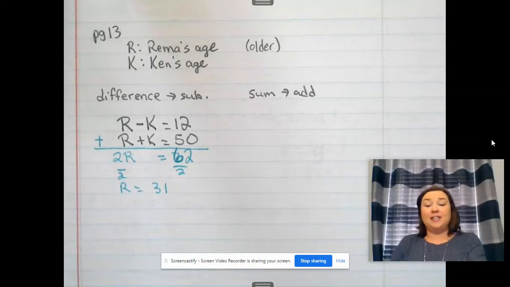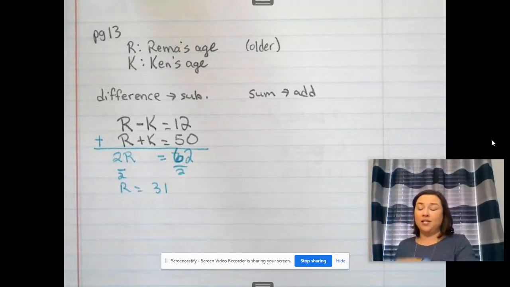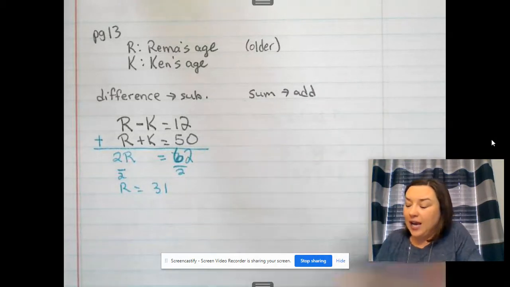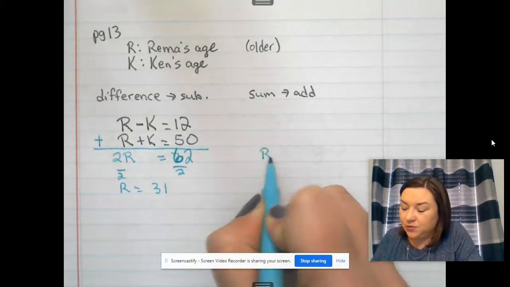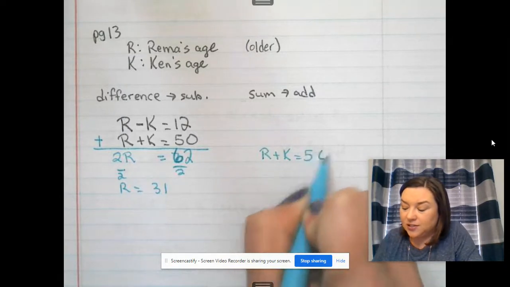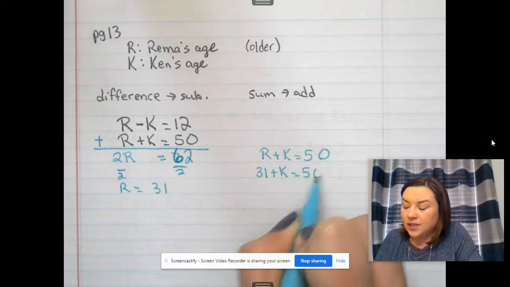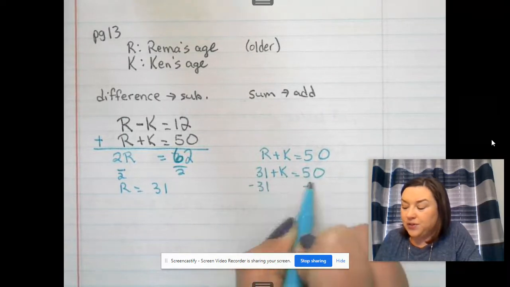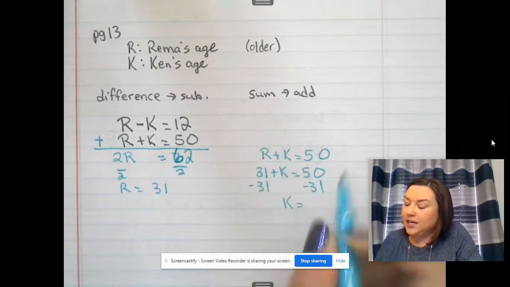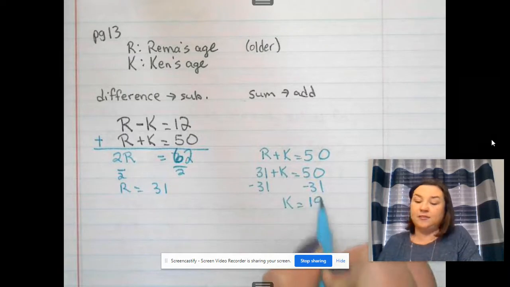So what does that mean? That means Rima is 31. How do I figure out how old Ken is? I choose either equation. I kind of feel like the second one would be a little bit easier to solve, so that's the one I'm going to go with. I put 31 in for Rima. Subtract 31 from both sides, and I get that Ken is 19.